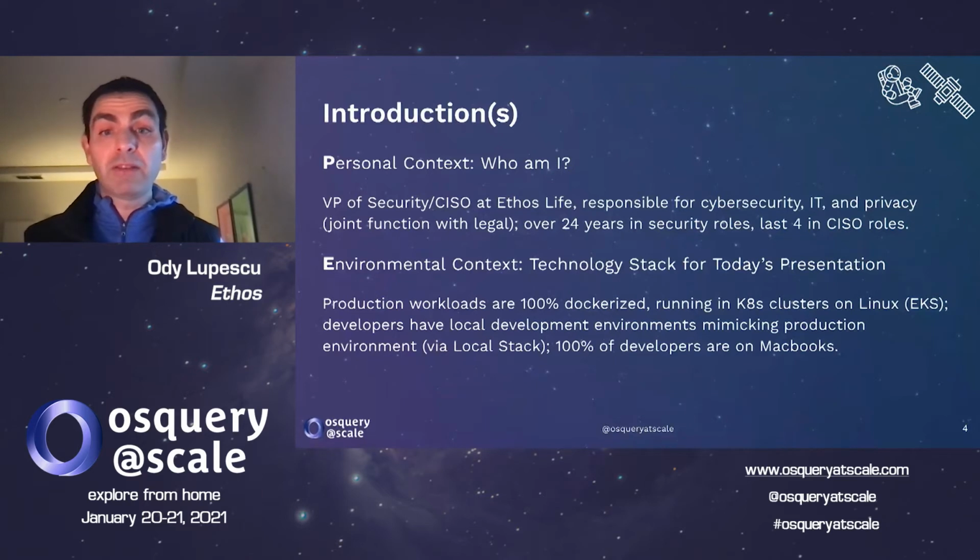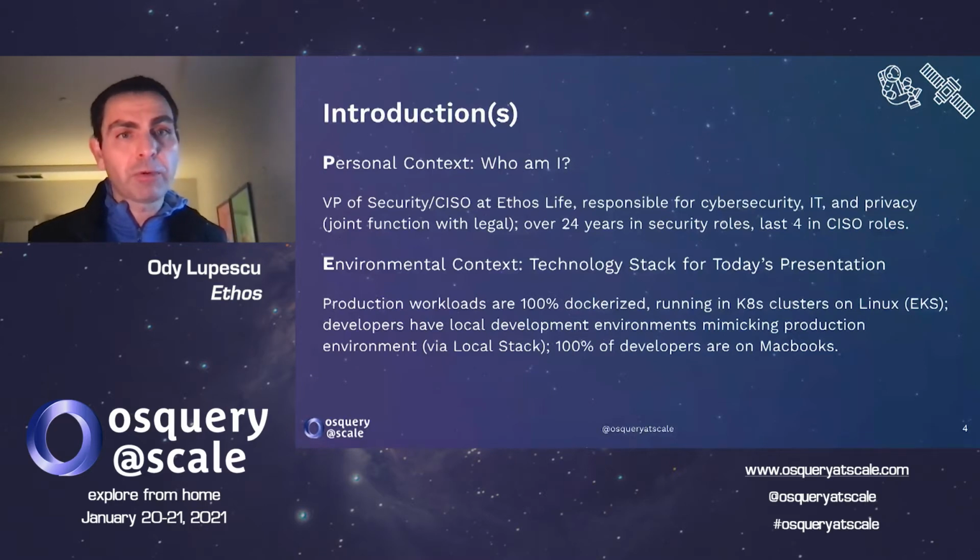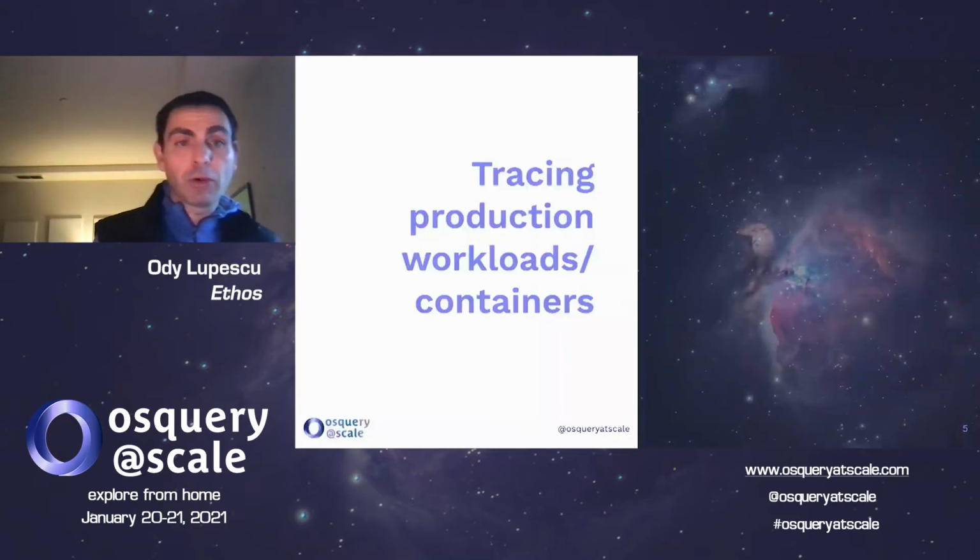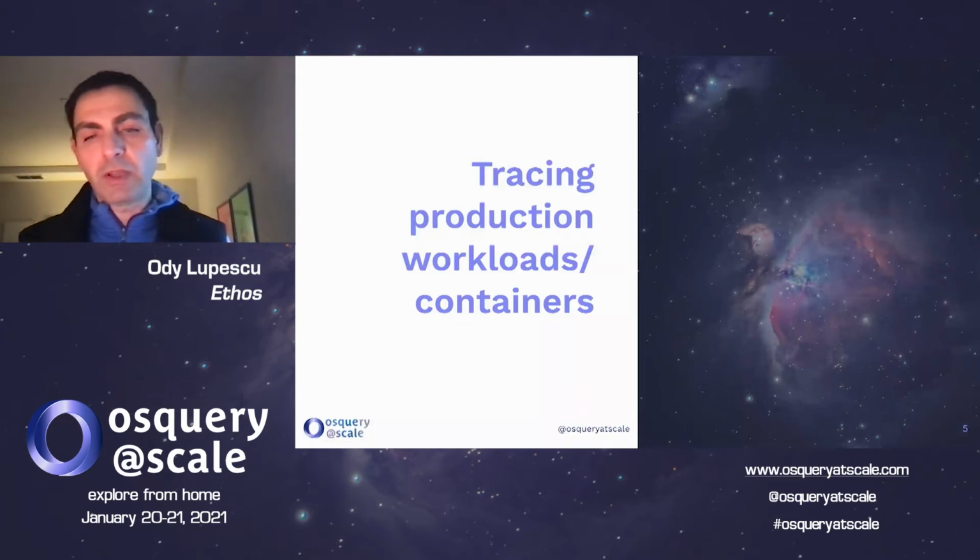And they basically finish locally, and then the process goes through CI/CD and ends up in production. We'll also have an environment that we'll assume is 100% MacBooks, which is a mirror of what we're using today. So this is the initial premise, and let's go into the first use case.